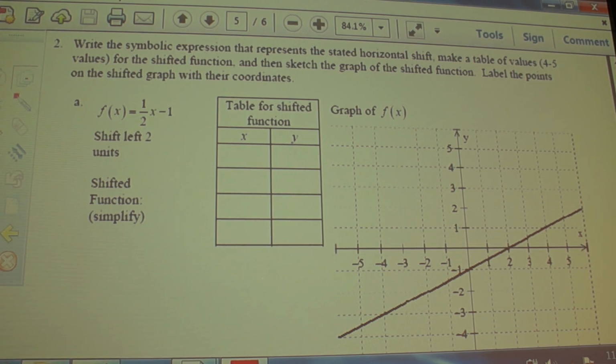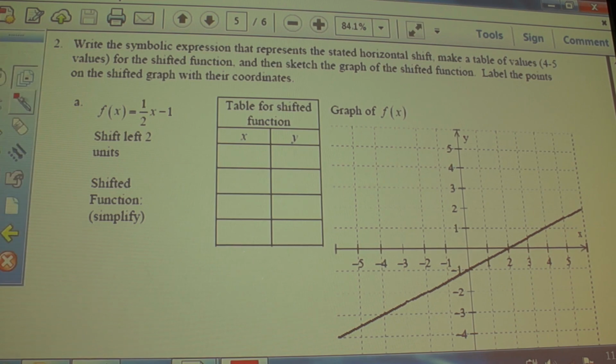So I want you to write the symbolic expression. So here we have f of x equals 1/2 x minus 1. Shift it to the left. Write it in here. So we'll do it like this. Do the same thing like we did for the y shift.